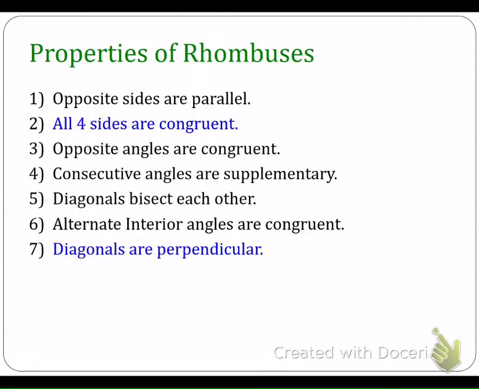This one is new. This is unique to a rhombus. The diagonals are perpendicular. So they bisect each other, they cut each other right in half, but they also make right angles. Now, the angles, like the original angles, when you put a diagonal, those get bisected.